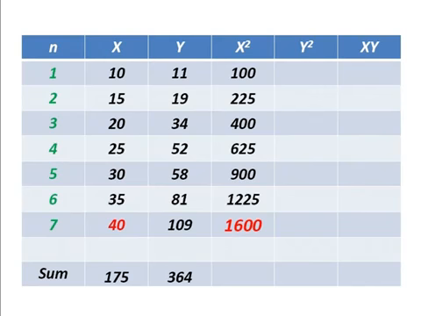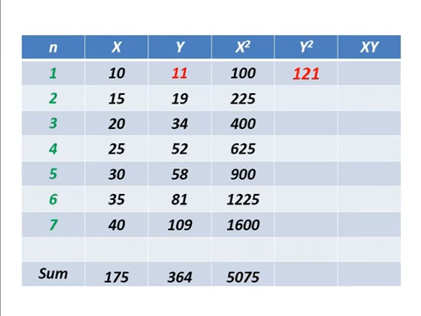And 40 squared is 1600. Again, we add up all those values in the x squared column, and the summation of that column is 5075. So that's the sum of x squared.